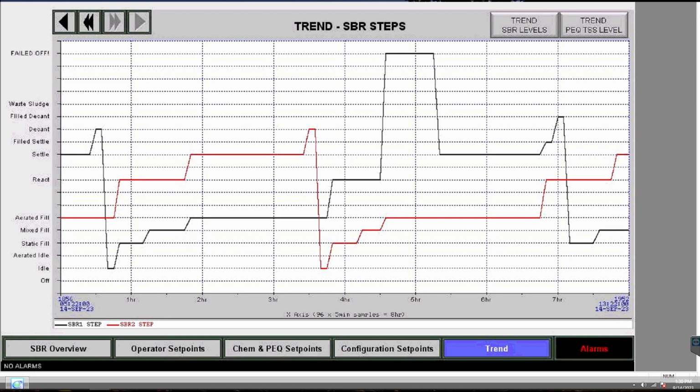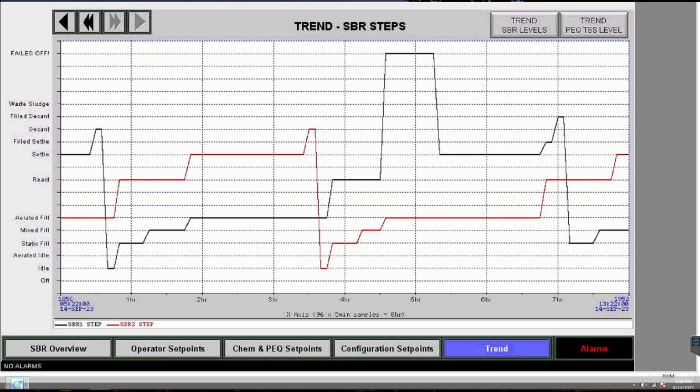It's calculating the influent flow rate, like we talked about before, and using that number to say, at this flow rate, how many minutes is it going to take before this tank that's in fill reaches top water level? Whatever that number is, 40 minutes, 50 minutes, 60 minutes, this is how long it's going to take.